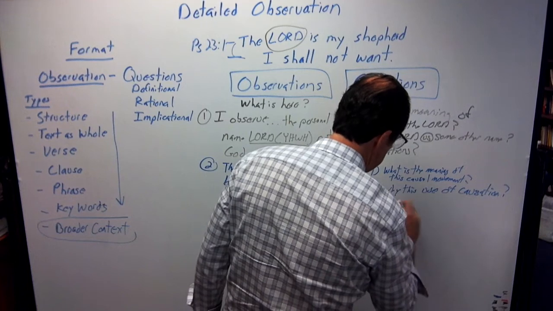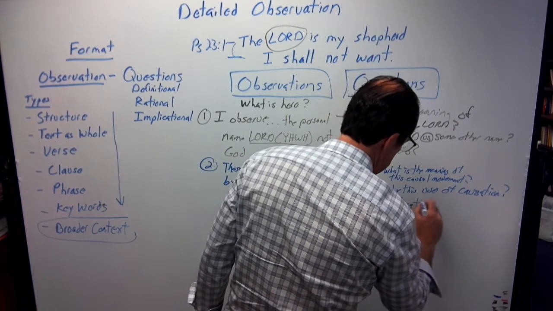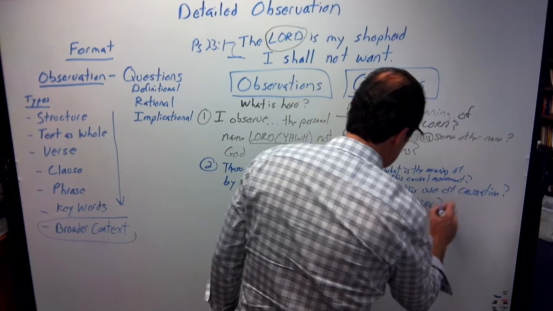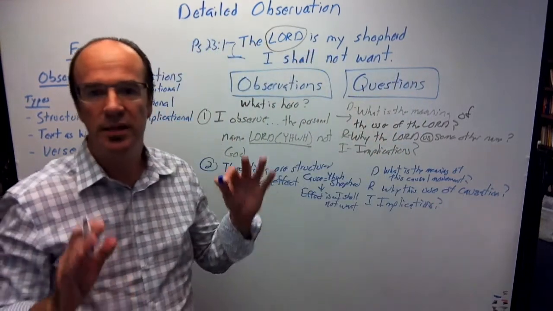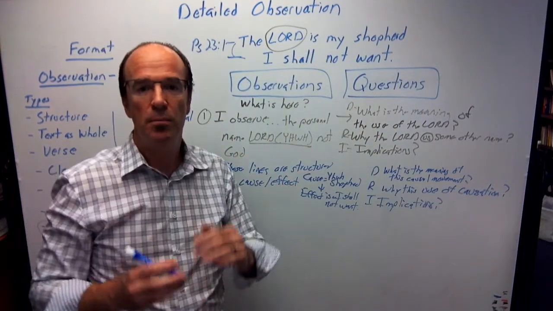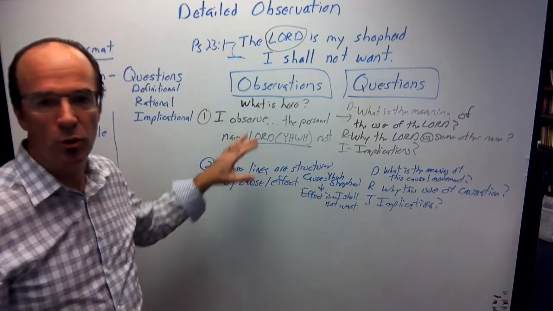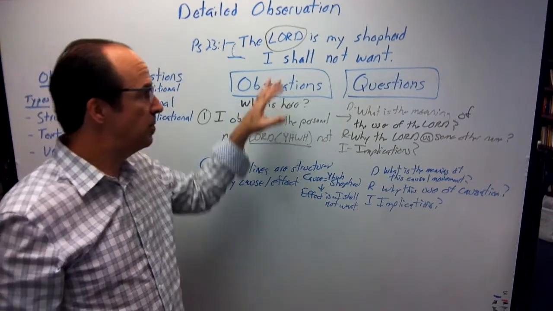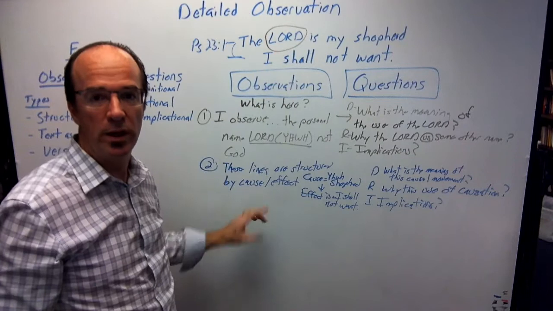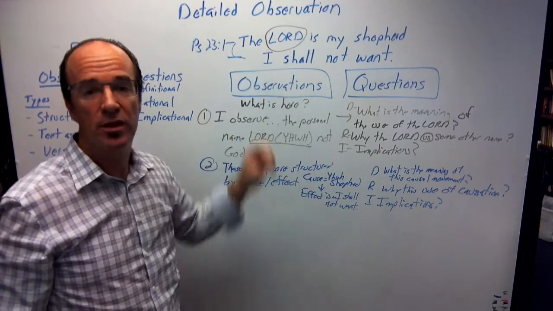Implications. Okay, and I can go on and say more here, but this will just get you started with a couple of observations. And again, I can imagine 10, 15, 20 more things that I can just say about this.